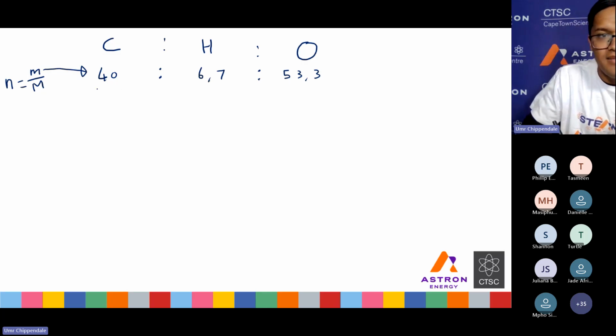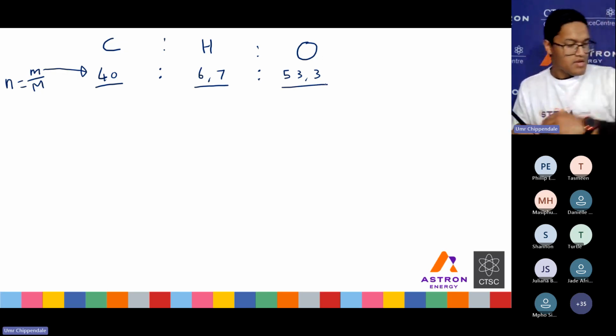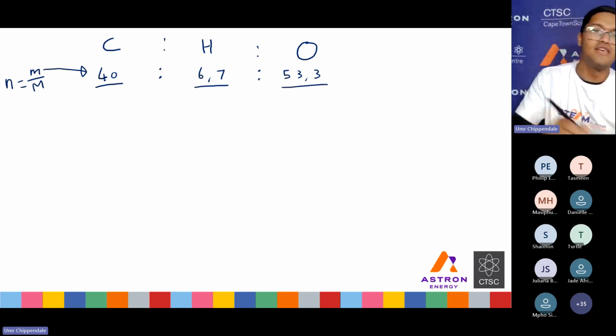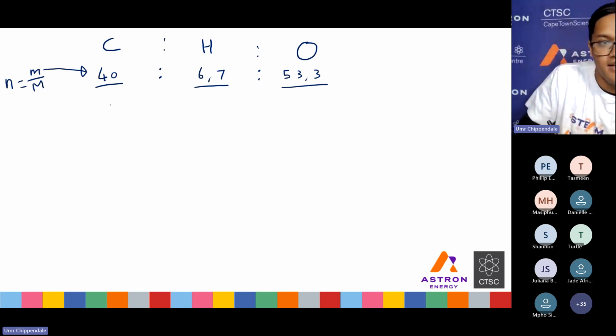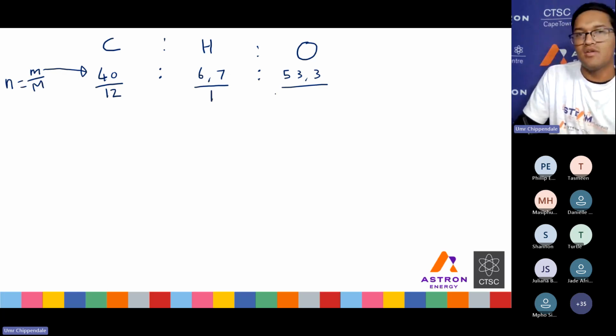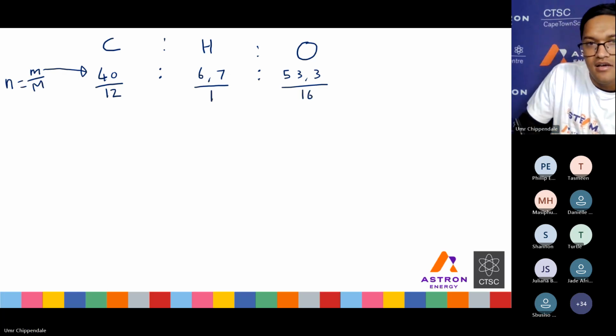Now you divide by the molar mass for each of these. If you look on the periodic table, carbon's molar mass, the number at the bottom of carbon, is 12. So you say 40 divided by 12. Hydrogen's molar mass is 1, and oxygen's molar mass is 16.